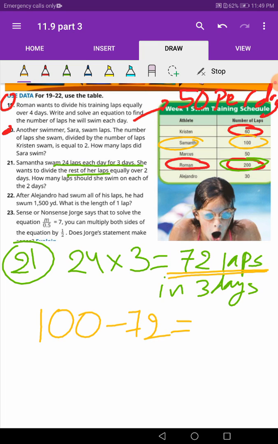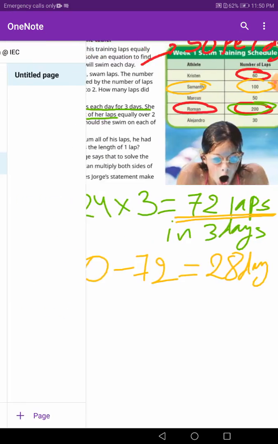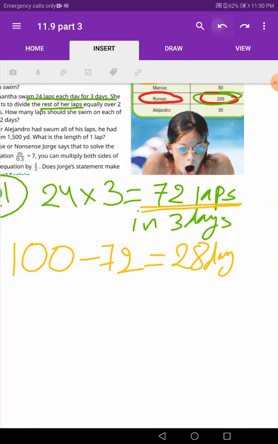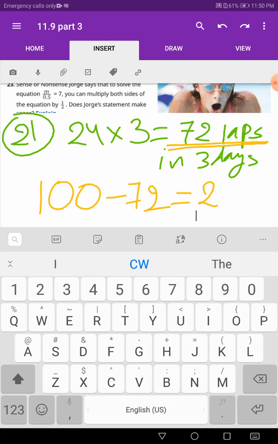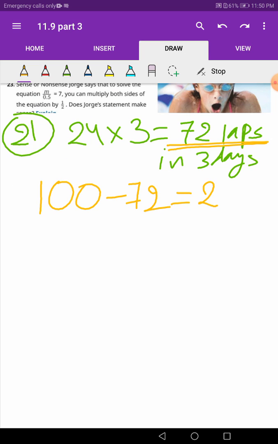It is 18. No, it's 28. 28 laps. So 28 laps left.